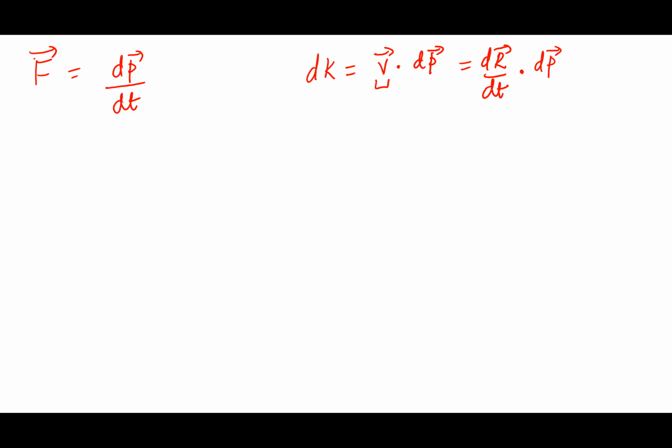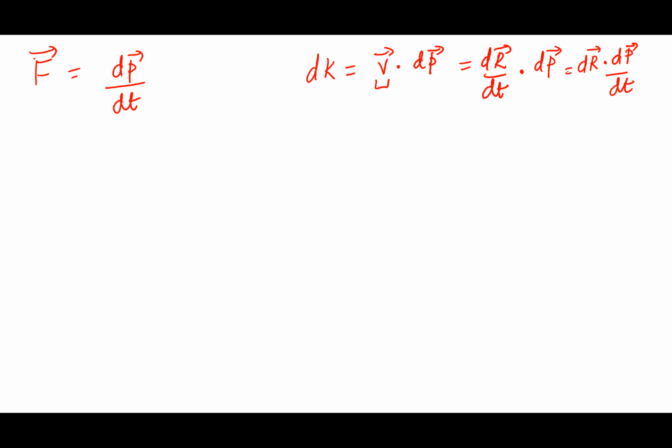We define dK as the rate of transfer of momentum, which is v dot dP. But v is the velocity, which is the time derivative of the position vector. So I have written it as dr by dt dot dP. Now I'm going to manipulate this a little bit and write this as dr dot dP by dt. I just move the dt from under dr to dP. Still the same thing, right?